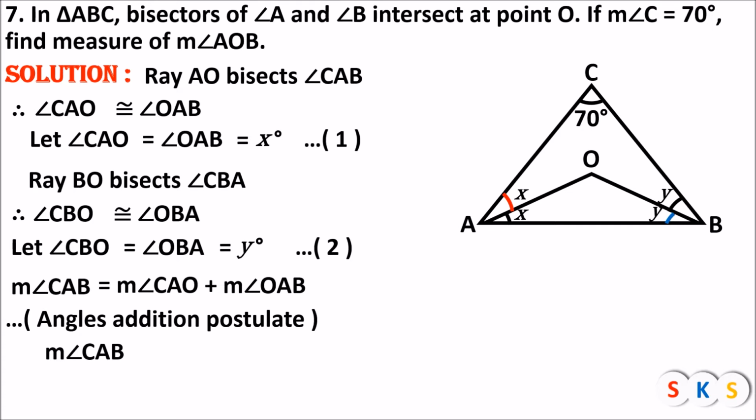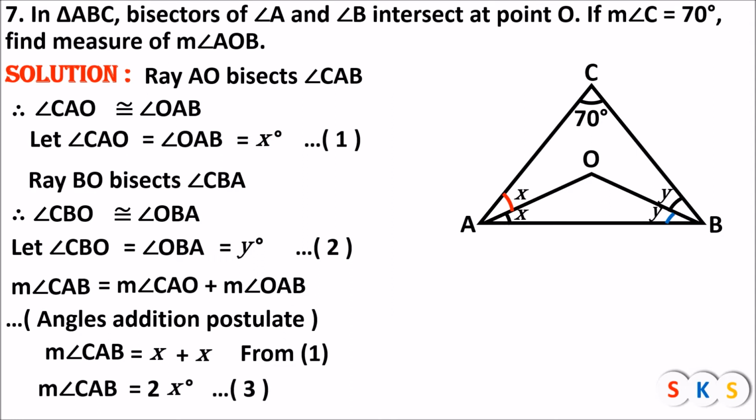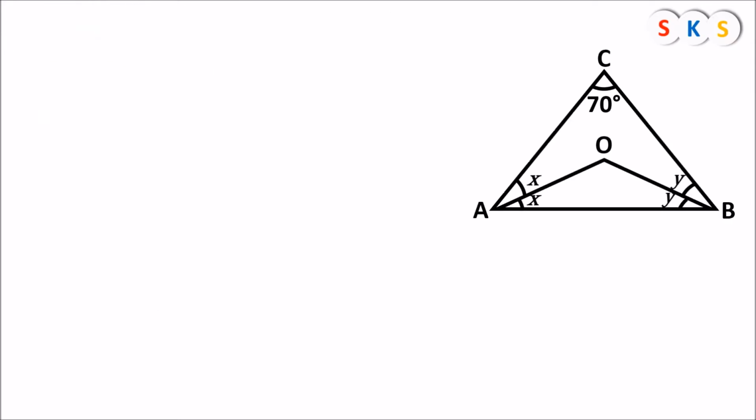Therefore, measure angle CAB equals to x plus x from equation number 1. Therefore, measure angle CAB equals to 2x degree. That would be equation number 3. Now, similarly, measure angle CBA equals to y plus y, that is 2y degree, and that would be equation number 4.